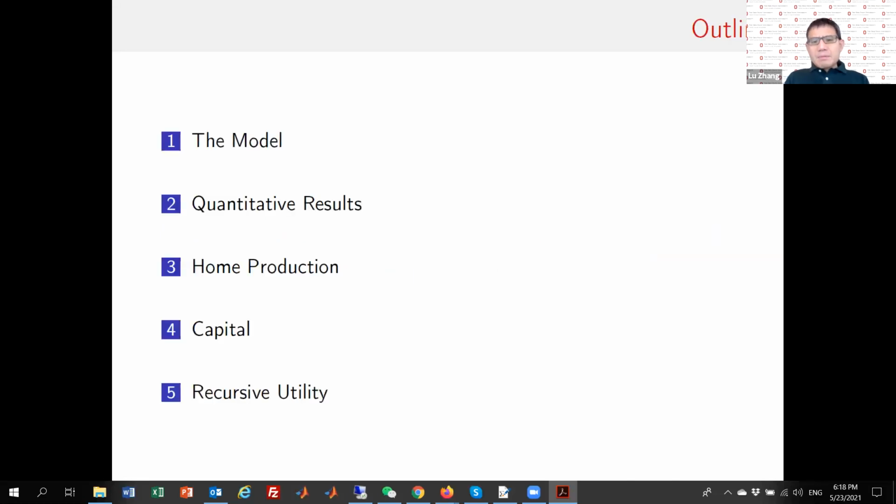So I'm going to dive directly into the model. The motivation of the work is self-evident, because after the 2007-2009 Great Recession, it's pretty self-evident that we need to take big business cycle dynamics seriously.